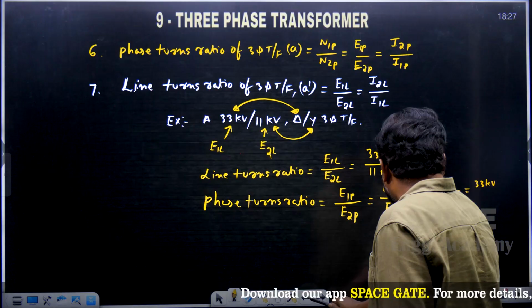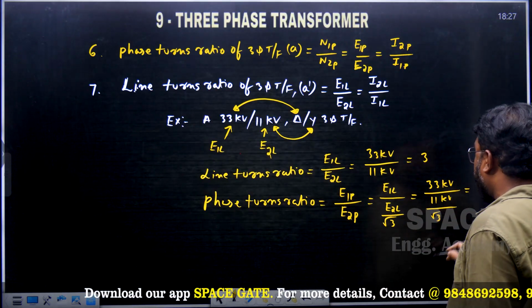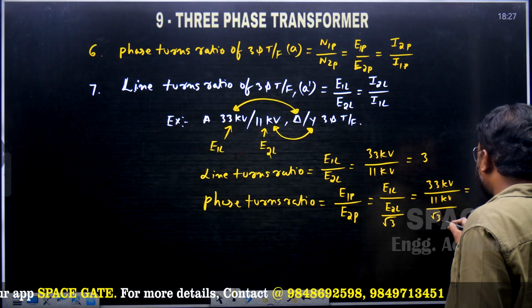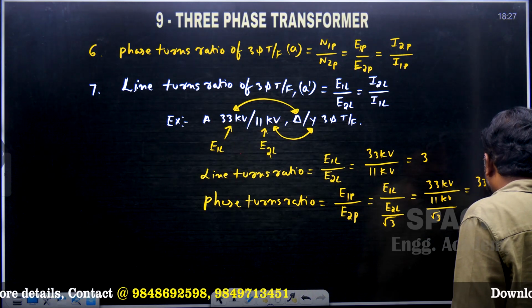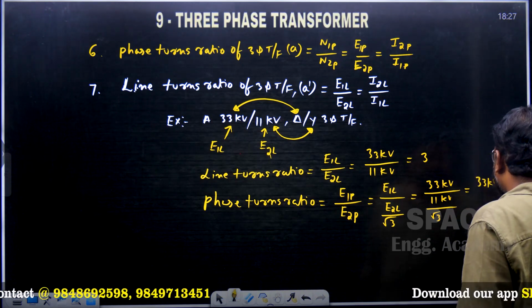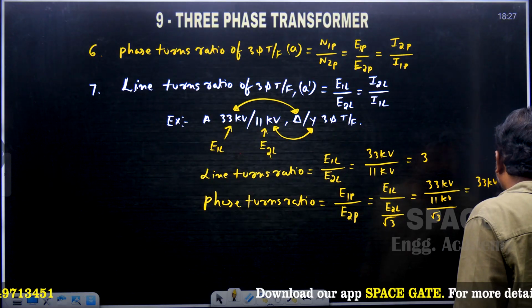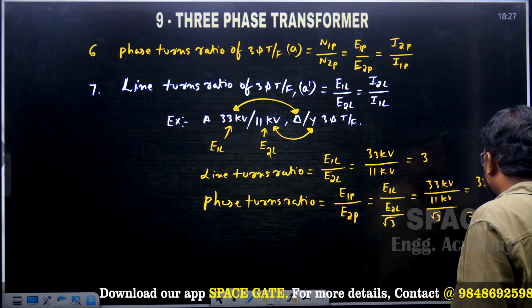Let us simplify: 33 kV divided by 11 kV is 3, so it is equal to 3 root 3.